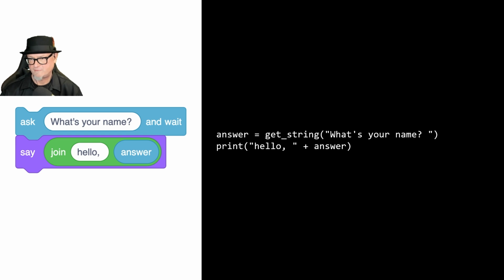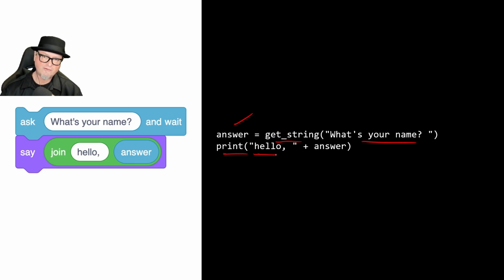At least here's one of the ways it could look in Python. Here we declare our answer. Notice we don't declare the class of the variable type. We use get_string. Guess what? There's a CS50 module for Python as well. We give the user prompt, and here we just use the plain old print function.